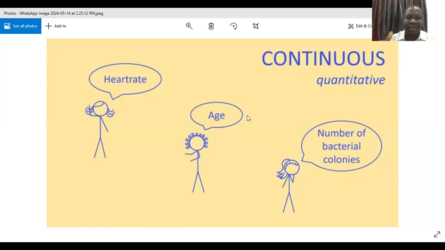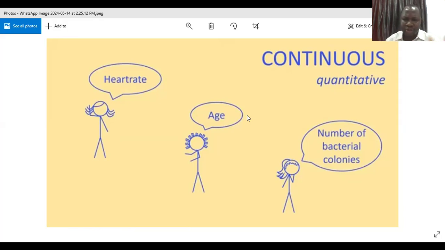The answers are in numbers, like the cost of something, the income level of a particular person, the height of this person. Those are continuous quantitative data. So you have to understand these two types of data for you to really understand the data analysis techniques.